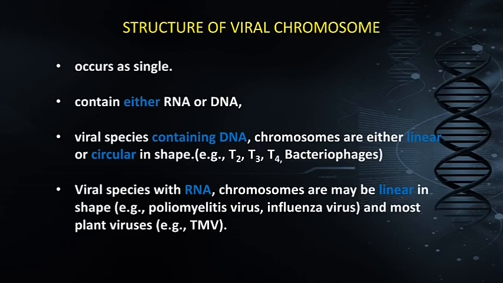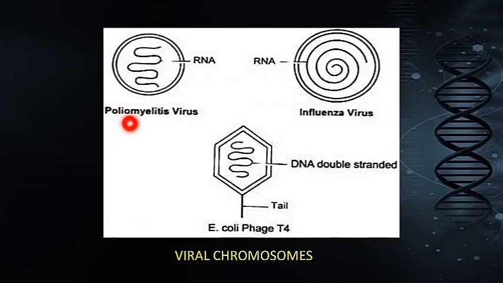Examples: poliomyelitis virus and influenza virus under the category of animal viruses, and most plant viruses like TMV, that is tobacco mosaic virus. Here we can see viruses like poliomyelitis virus and influenza virus having RNA as genetic material, and T4 phage having DNA as genetic material.